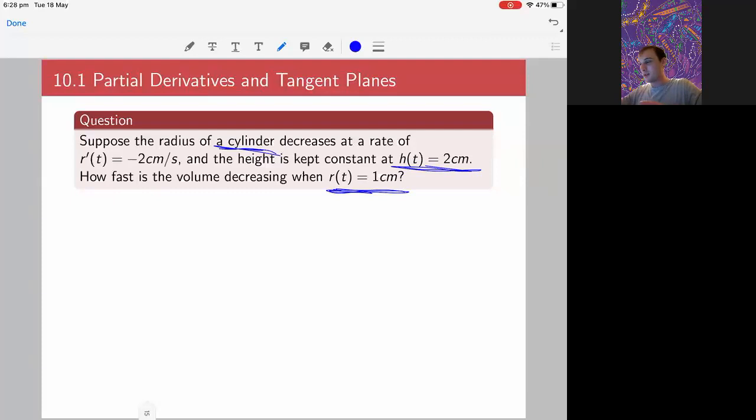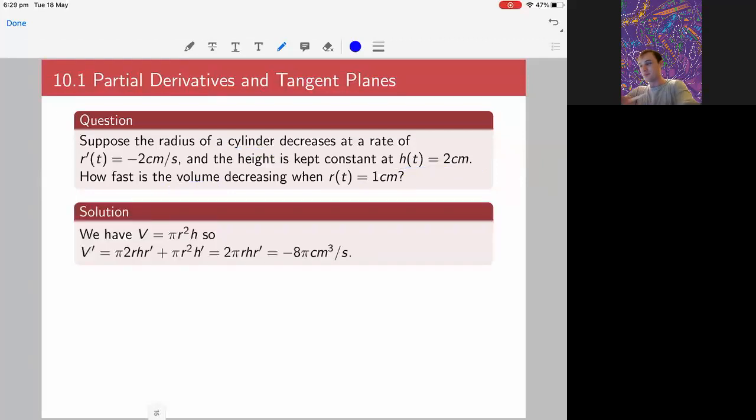Well, we need a function which relates the volume to the height and the radius, but of course we know that the formula for the volume of the cylinder is just the area of the circle, pi r squared, times h.